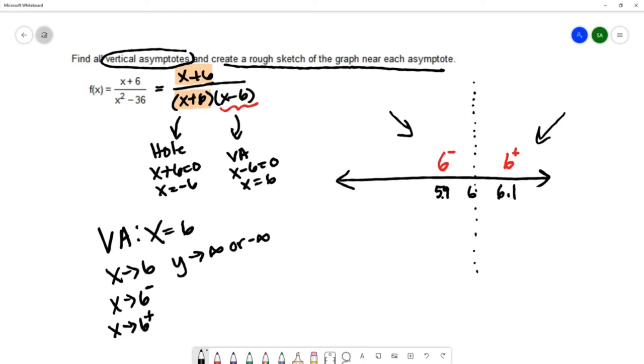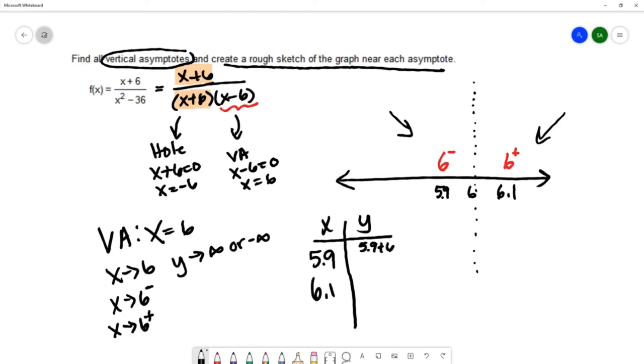We substitute those values into our function and look at the sign. The sign will tell us whether we're going to go to positive infinity or negative infinity. So we're going to do x and y, substituting in 5.9 and 6.1.